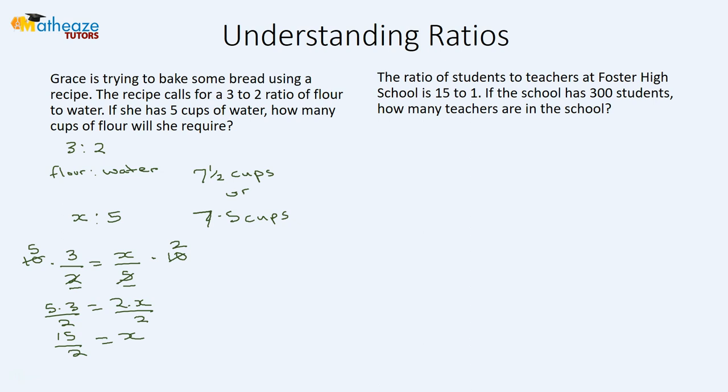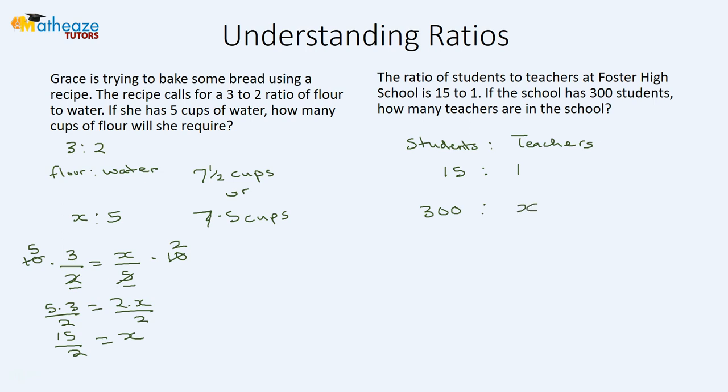Now, final question here. The ratio of students to teachers at Foster High School is 15 to 1. So students to teachers is going to be 15 to 1. If the school has 300 students, we want to find out how many teachers the school has.